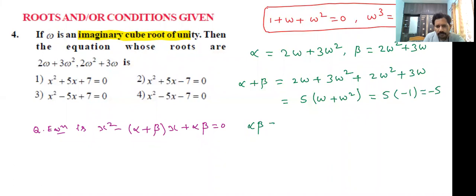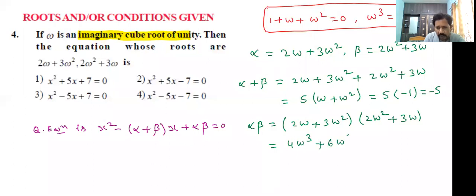Next, find the product of the roots. Alpha, 2 omega plus 3 omega square. Next, 2 omega square plus 3 omega. Students, multiply these two. 2 omega into 2 omega square, 4 omega cube, plus 6 omega square, plus 6 omega power 4, plus 9 omega cube.